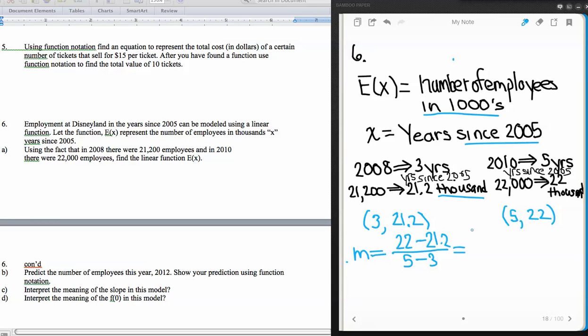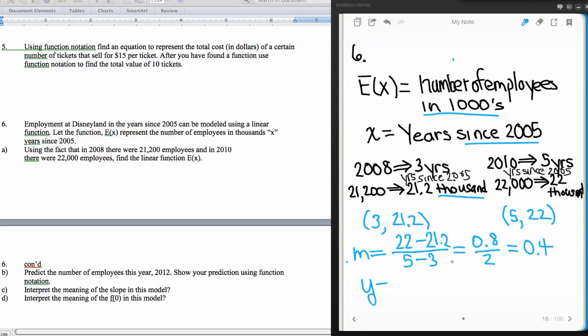When we do that, we get 0.8 in the numerator and 2 in the denominator, and that gives us 0.4, and that's our rate of change per year since 2005. Now from there, we know the slope, but we don't know the y-intercept. Neither of these independents is 0, so we don't know the y-intercept, so we have to use the point slope formula.